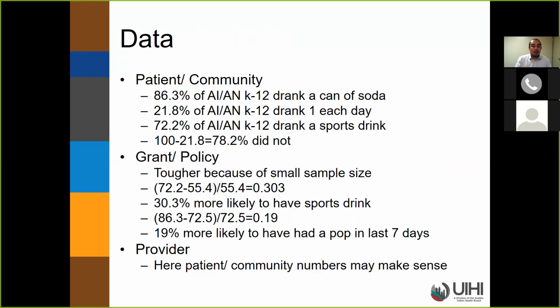Additionally, we can come in with this other number, where 21.8% of K through 12 AIANs drank at least one soda pop each day for the last 7 days. And that's quite an alarming number, and something that we want to intervene with and really highlight.